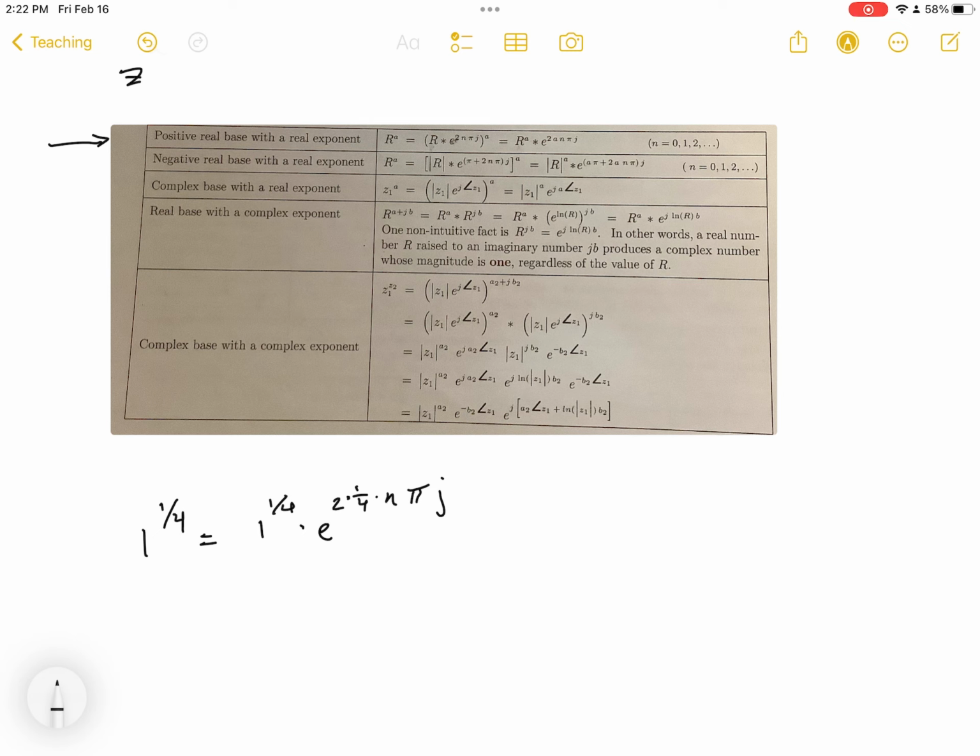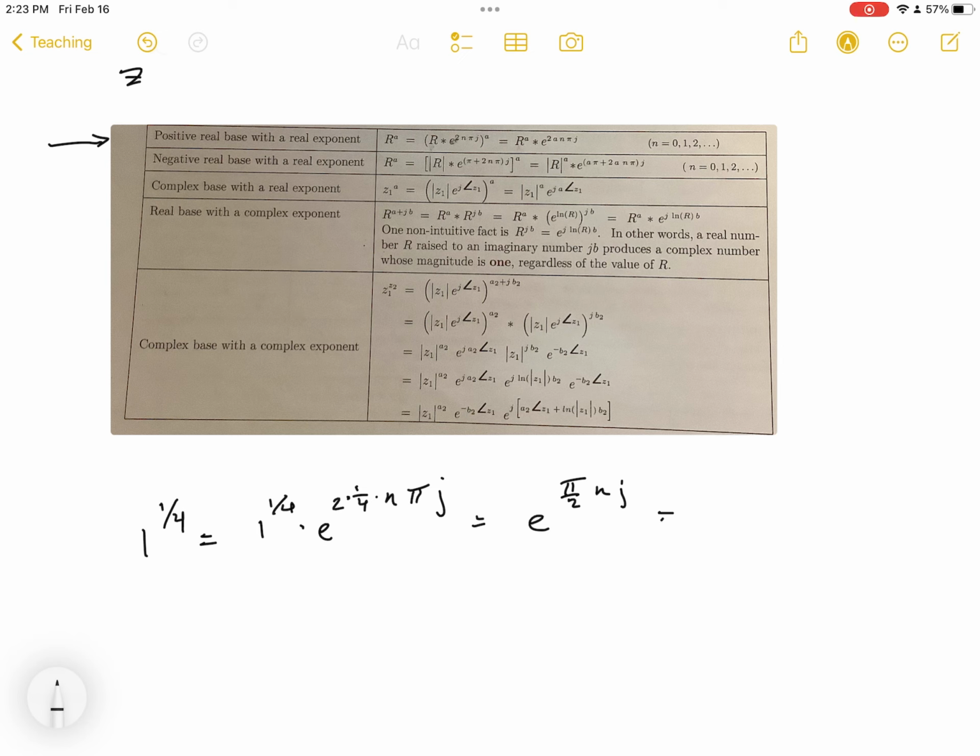So 1 to the 1/4 is 1, times e to the pi over 2 times n times j. And we go pi over 2 around the circle, increasing n, until we start seeing repeats.